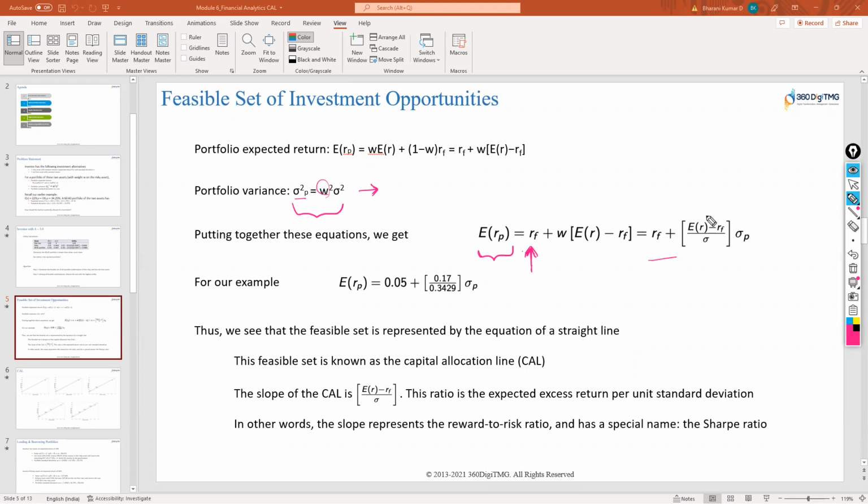And we understood that this is equivalent to Y is equal to C plus Mx, where this is your M. M is called the slope.